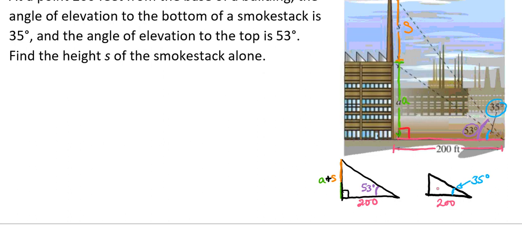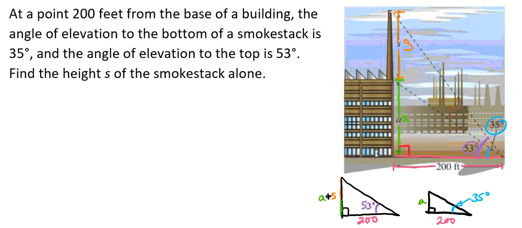It still has that base of 200, and its height is just A. Now that we have the two triangles, we can see more easily that we have the opposite sides and the adjacent sides for both triangles, in which case we would want to use the tangent.